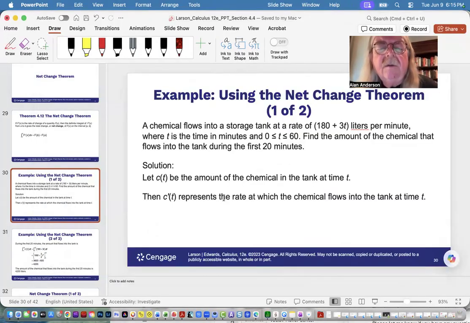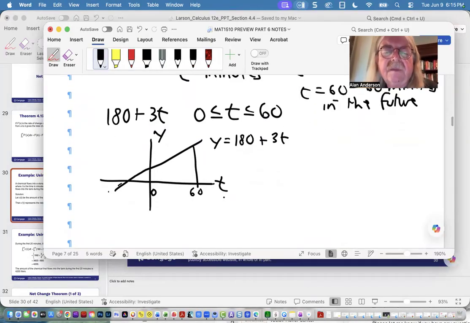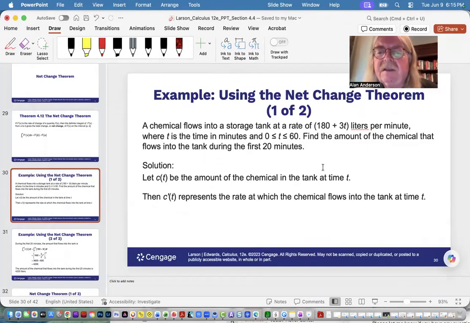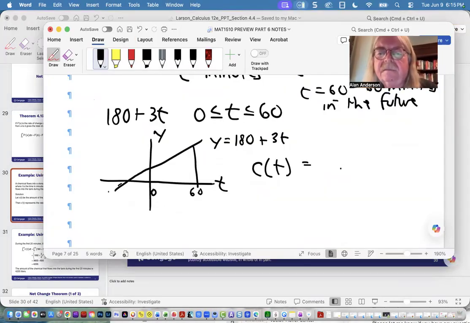Now, they want to know how full the tank is in 20 minutes. But first we have to define C of t as the amount of the chemical.